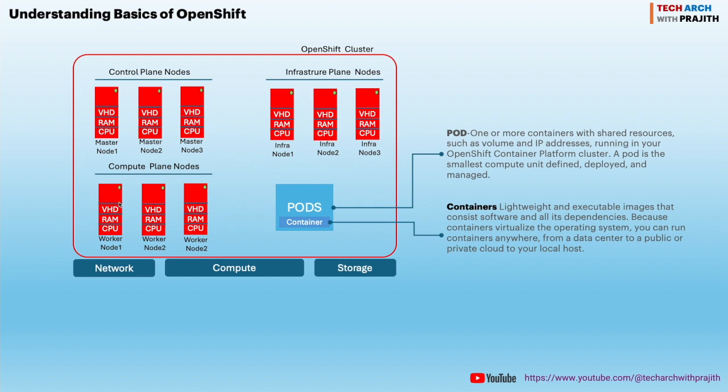So I can fit multiple pods into a single worker node, depending upon the availability of RAM and CPU cores, right? So if my pod requires one core and 8 GB of RAM, and I have a node with 8 cores of CPU and 8 GB of RAM, then I can run only one pod here.